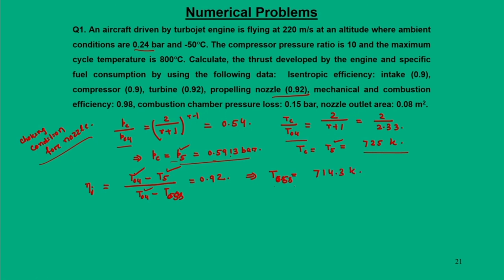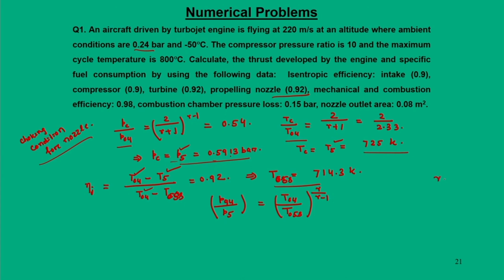So once we have this, then we can calculate P04 by P5 is equal to T04 by T05s to the power gamma by gamma minus 1.